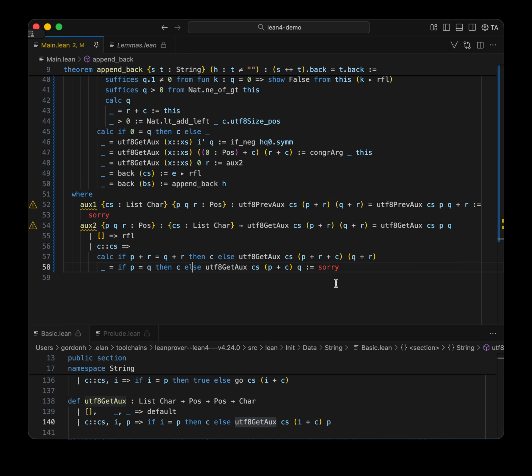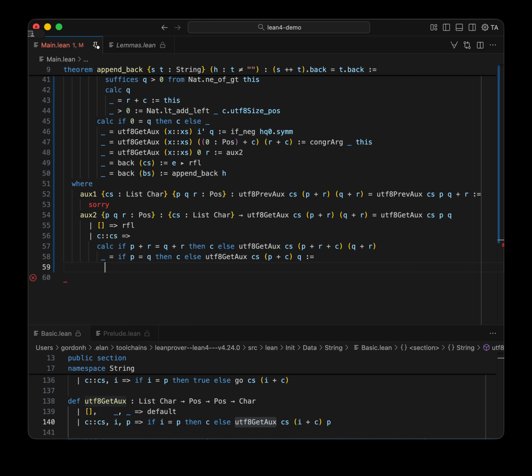But for this to work, you would need C and R switching places. So we need to somehow still replace this. Okay, let's do it.